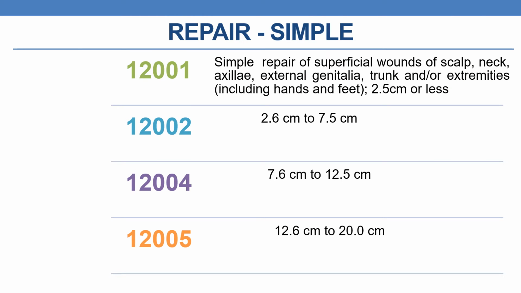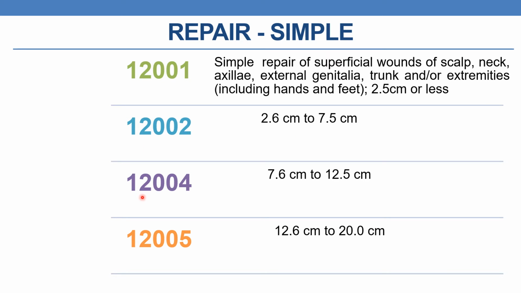Now coming to the various CPTs of repair. In the repair, we will be discussing simple repair. The first CPT is 12001. Simple repair of superficial wounds of scalp, neck, axilla, external genitalia, trunks and or extremities, including hands and feet, 2.5 centimeters or less. The next is 12002. Here the repair length is 2.6 centimeters to 7.5 centimeters.